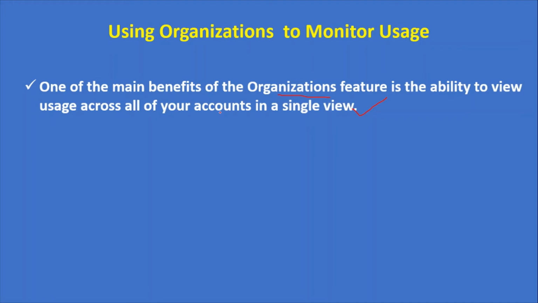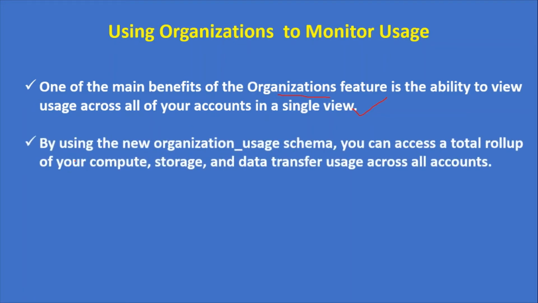You can manage all these accounts from a single place. By using the new organization_usage schema, you can access a total roll-up of your compute, storage and data transfer usage across all accounts.